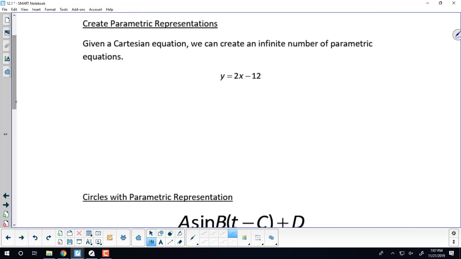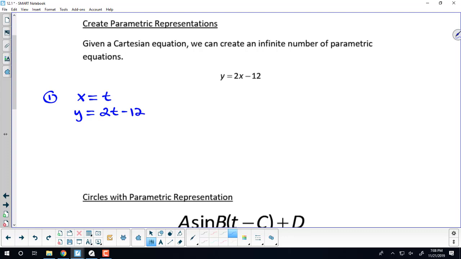We mentioned this before, but if we had a Cartesian equation y equals 2x minus 12, there are an infinite number of representations as a parametric equation. One of them could be that if x were t, and y were 2t minus 12.